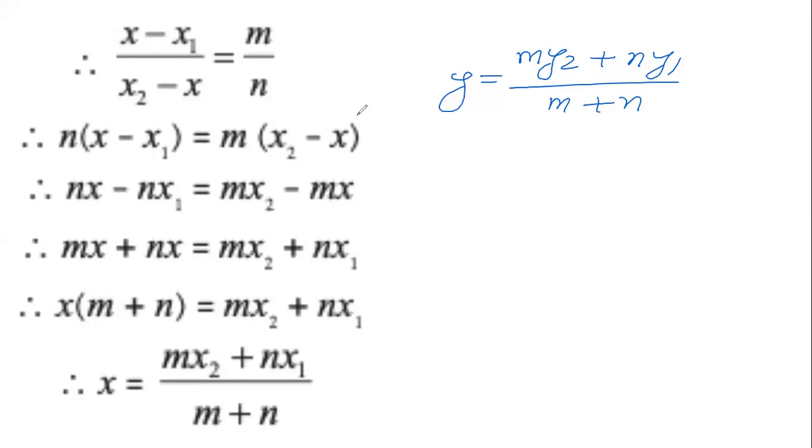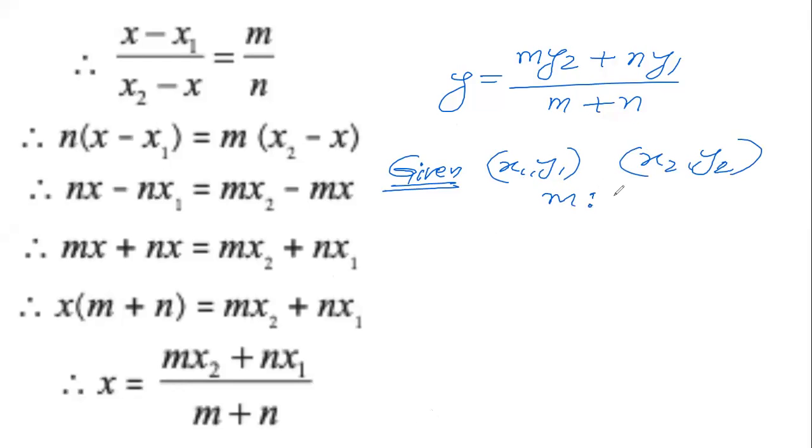So what is definitely given in this case, I'm repeating, please make it absolutely clear. What is given? x1, y1, we know. x2, y2, we know. m is to n, this also we know.